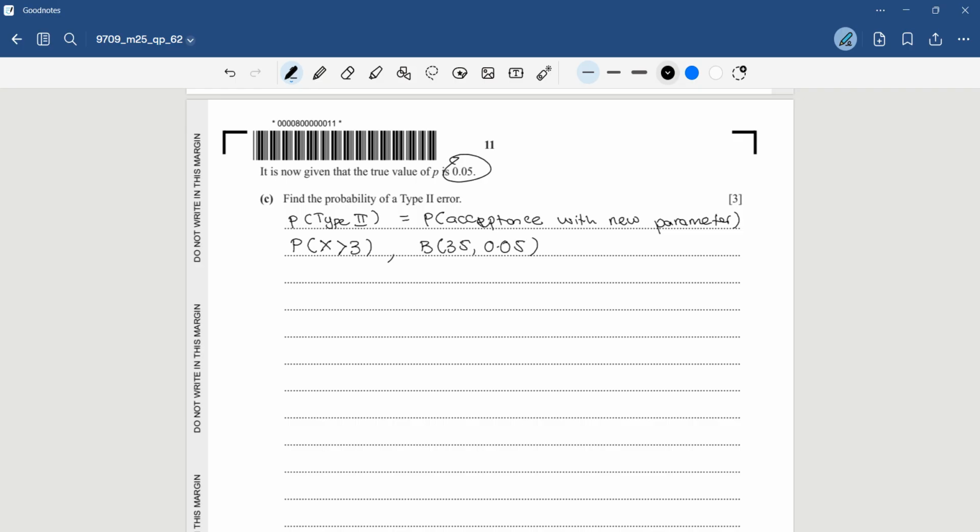0.05. Okay, so probability x more than 3 is equal to 1 minus probability x less than or equal to 3. So it's going to be 1 minus probability x equal to 0 plus probability x equal to 1 plus probability x equal to 2 plus probability x equal to 3.